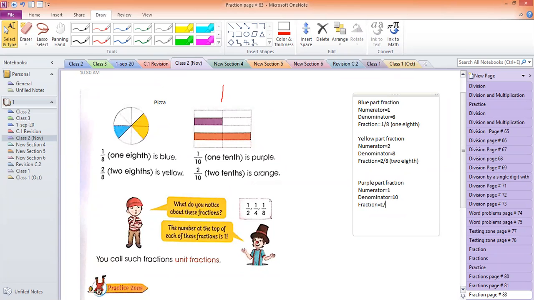The numerator is 1, and then you write its denominator, that is 10. So you will read it as 1/10. Why 1/10? Because this denominator, you will read it as an ordinal number. You will not say 1/10 in cardinal form, it's 1/10, read as a tenth.